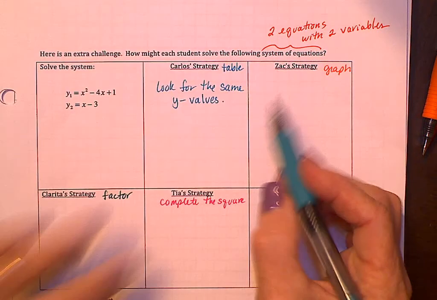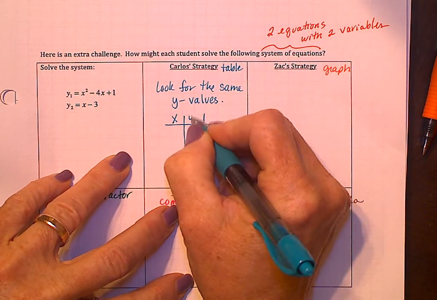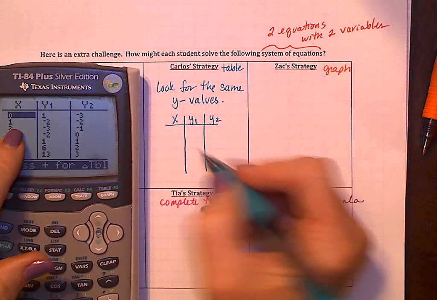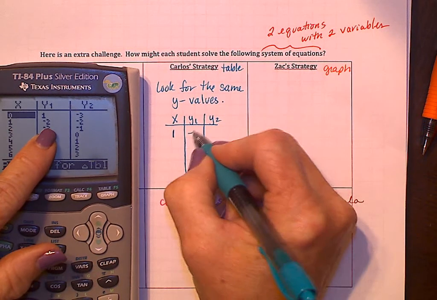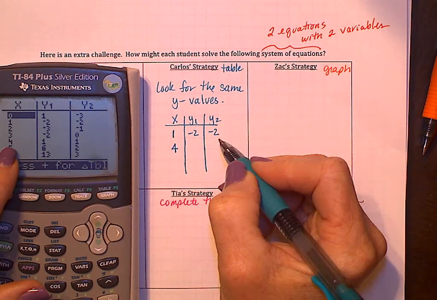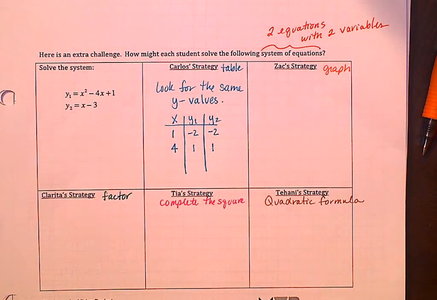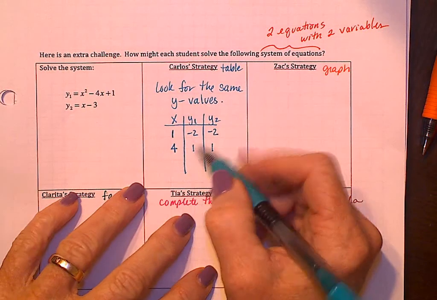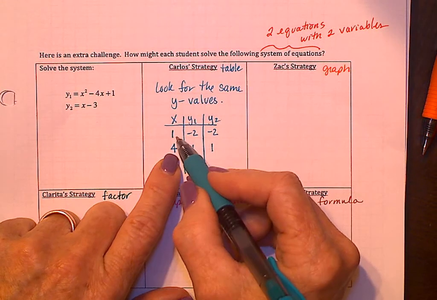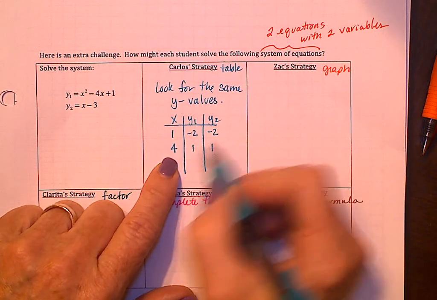So we'll copy a portion of that table. We have x, y1, and y2. And again, we saw the same y values when x was 1. When x is 1, y1 was -2 and y2 was -2. Also, when x is 4, y1 is 1 and y2 is 1. This tells us the solution here is x equals 1 and x, sorry, I'm losing my voice, I think. When x is 1, the y values are -2, and when x is 4, the y values are 1.